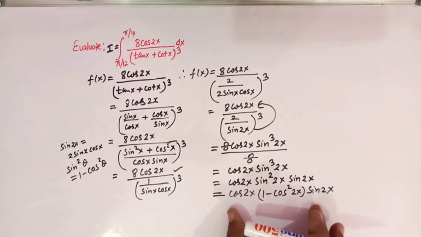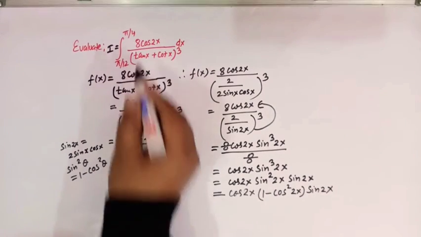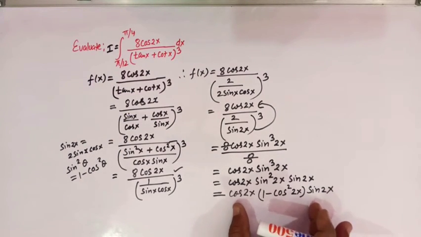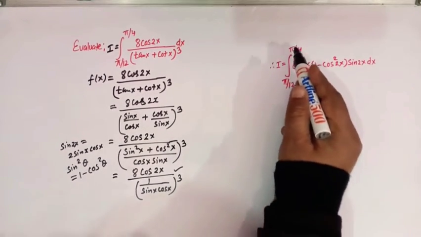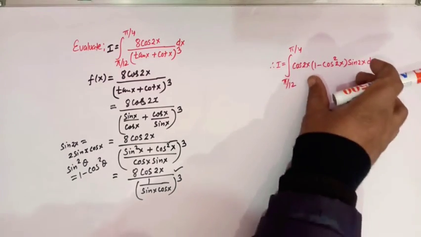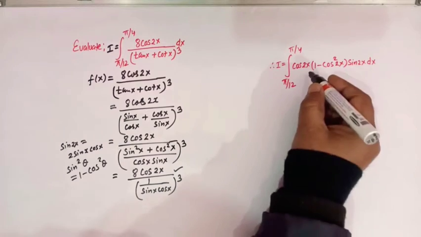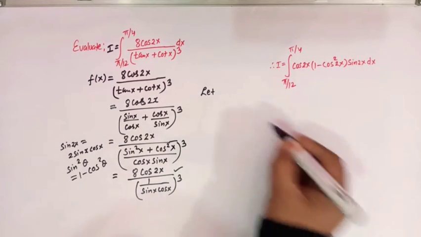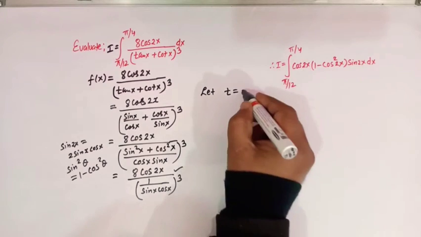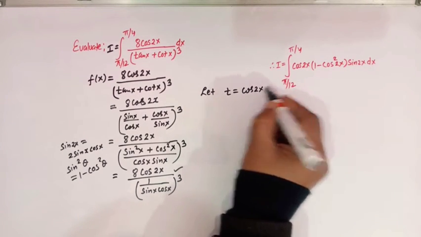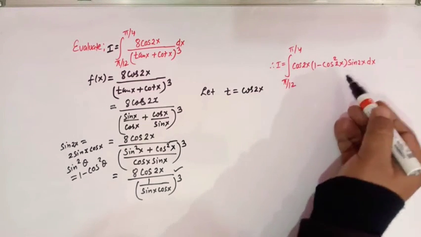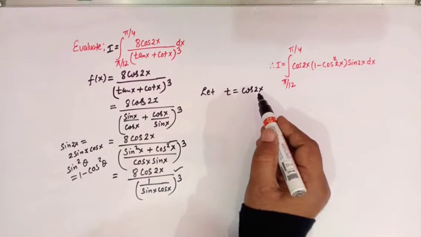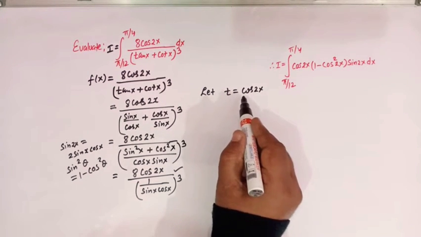Now we will replace the integrand by this expression and do the substitution. So we have this integral, and now we can make the substitution. Let t be equal to cos 2x, because the derivative of cos 2x is present here, that is sin 2x, and there will be an extra factor of minus 2 which will be taken care of here.